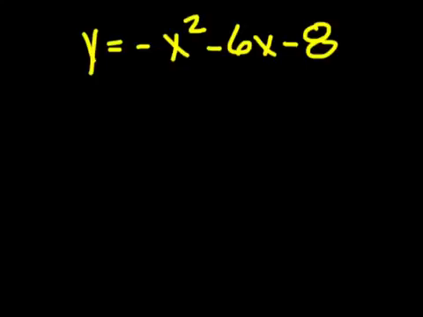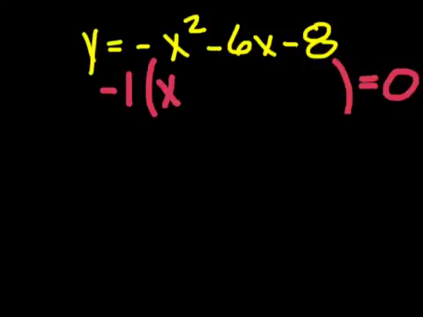Alright, so you have to see if you can factor this first. You got to try to factor it. So I'm going to try to take out a -1 and see what I come up with. That would be x squared plus 6x and then plus 8.